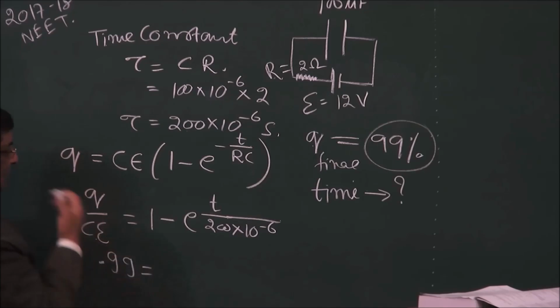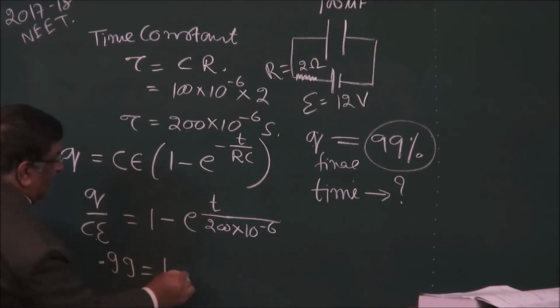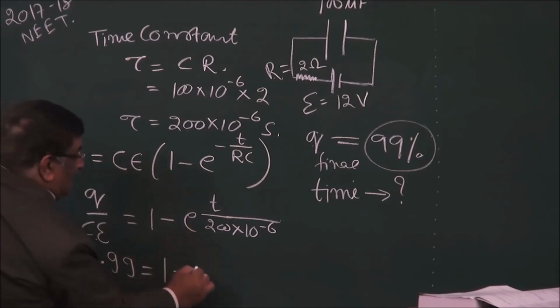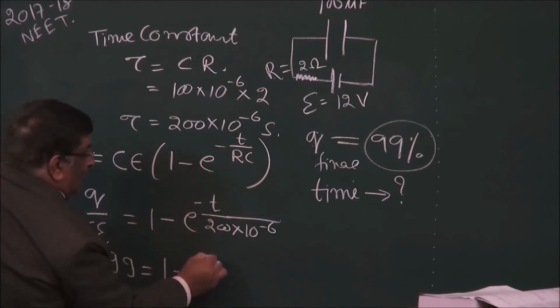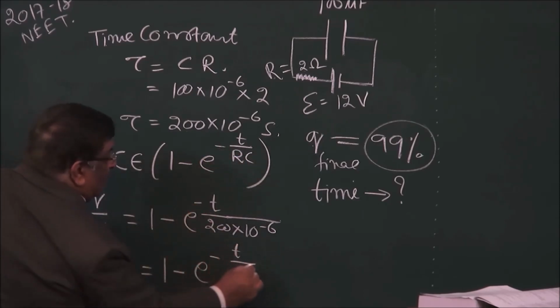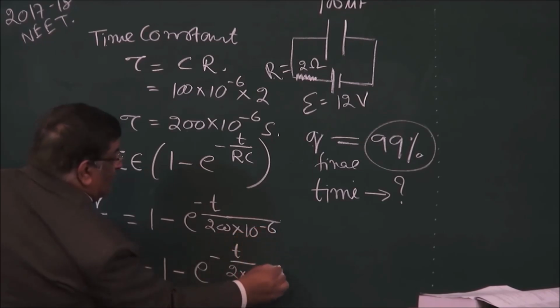So this we can write as 0.99 is equal to 1 minus e to the power minus t upon 2 into 10 to the power minus 4.